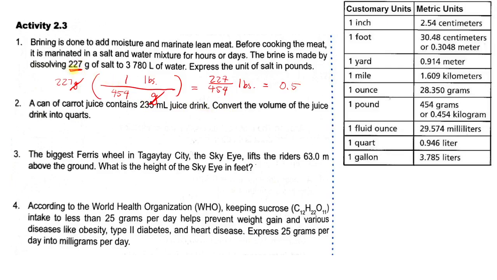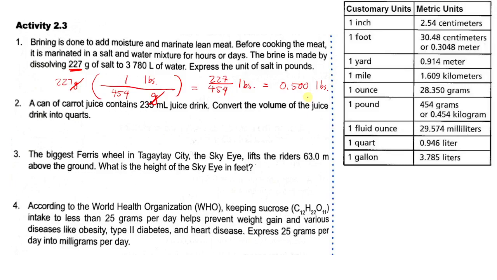So we also need to show three significant figures on this number. We only have one significant figure here. How can we make this three significant figures? We can add two zeros here. So then again, this is pounds. So we have 0.500 pounds.